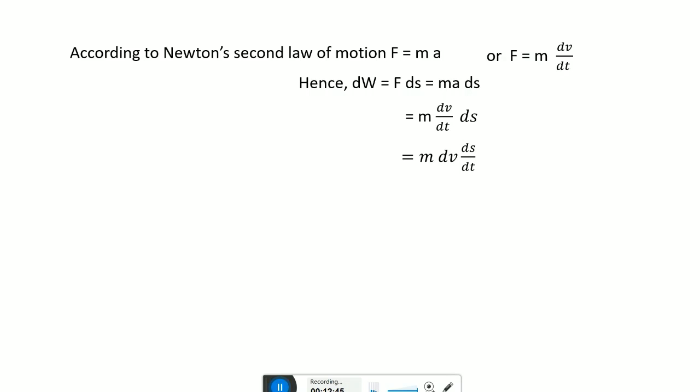Or m into, rearrange this equation, we get m dv into ds by dt. And as s is displacement, therefore rate of change of displacement is velocity. So dW is equal to m dv into v.